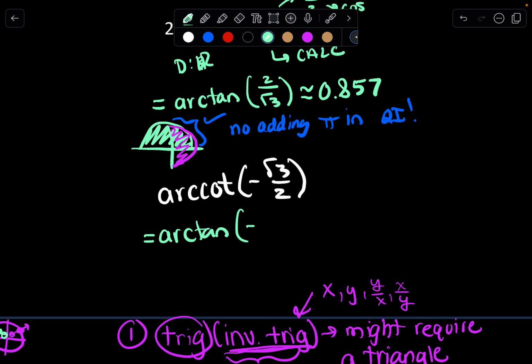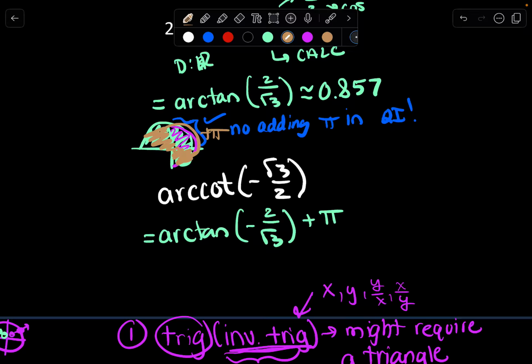So I have arctangent of -2/√3. This is a negative input. So now I'm in the fourth quadrant, which arctangent does not exist in. So now I have to add pi. This will take me from the fourth quadrant to the second quadrant whenever I add pi. Okay, that's why we don't do it in quadrant 1, because they both share it.